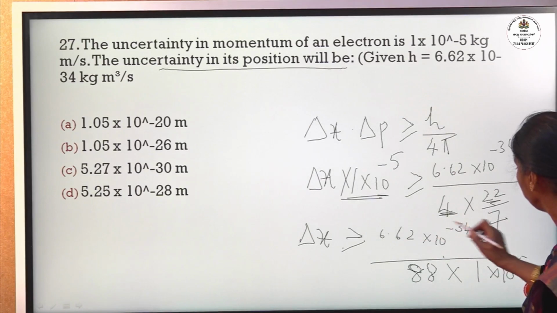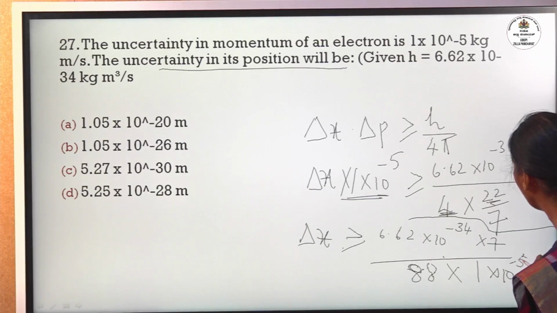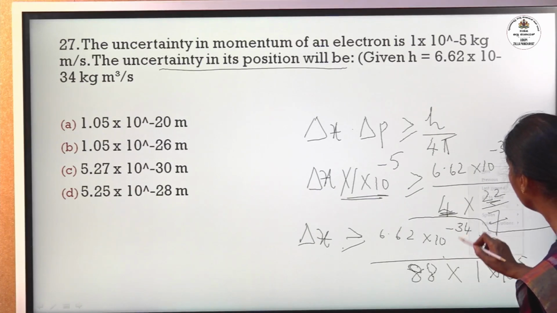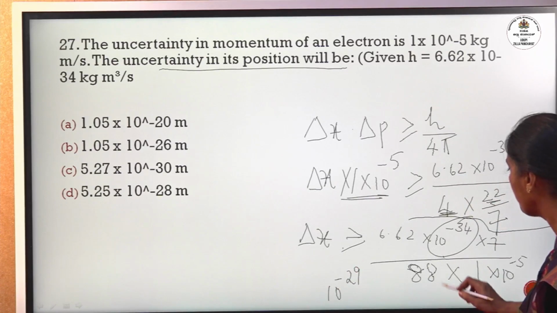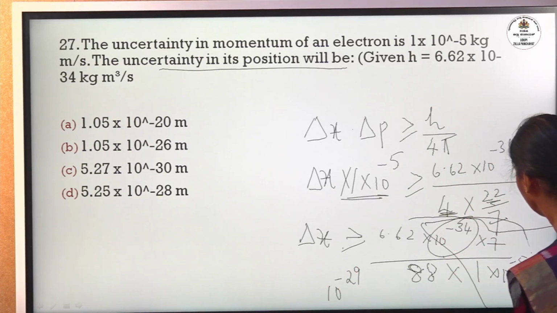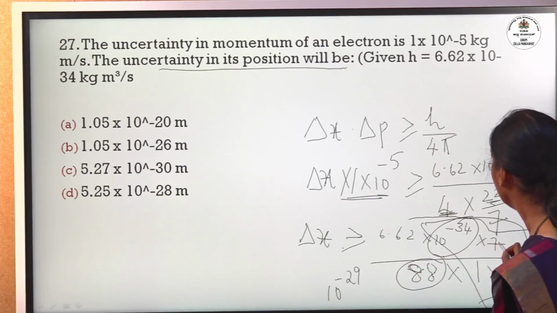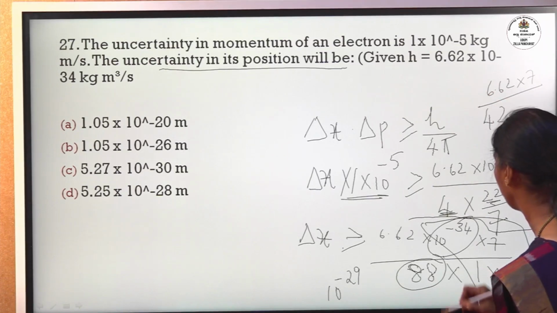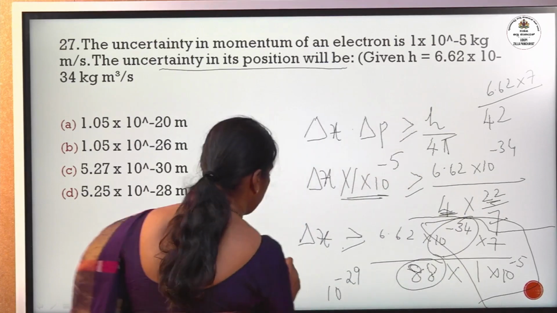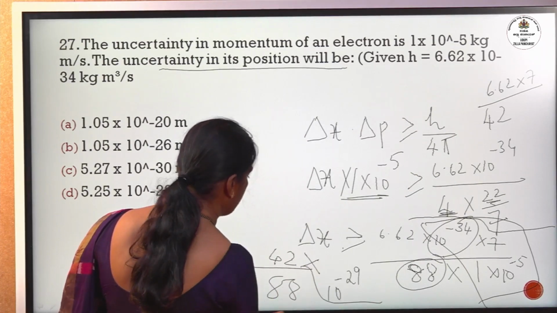Now we will simplify this. 10 to the power minus 5, if we take to the numerator, these two together become 10 to the power minus 29, whereas 88, and this is 6.62 into 7, which comes around 42. 42 divided by 88 into 10 to the power minus 29.